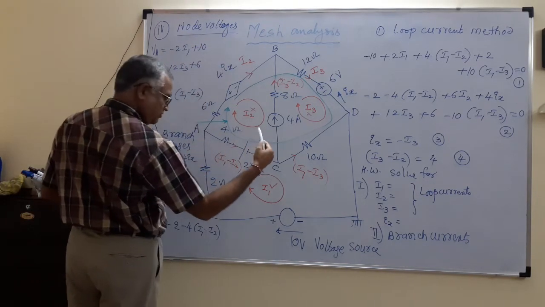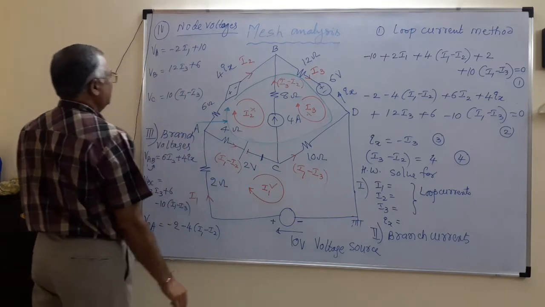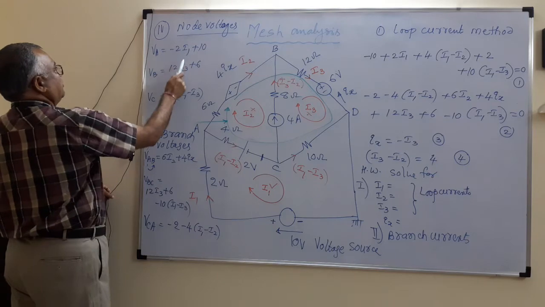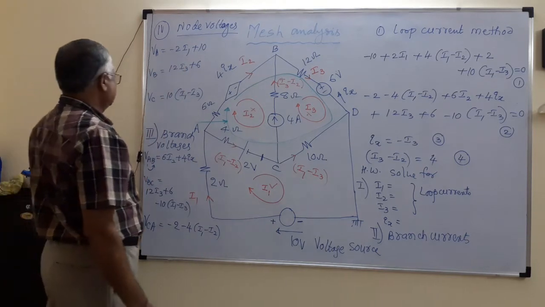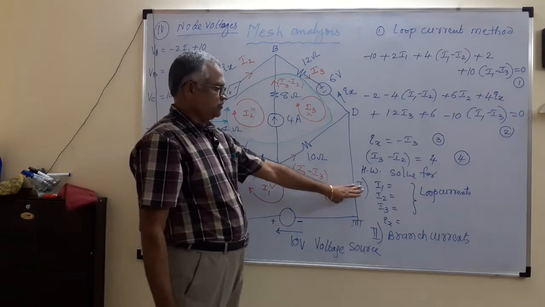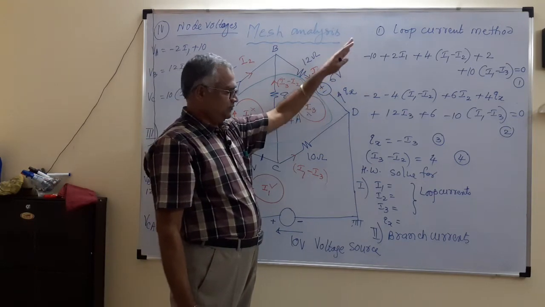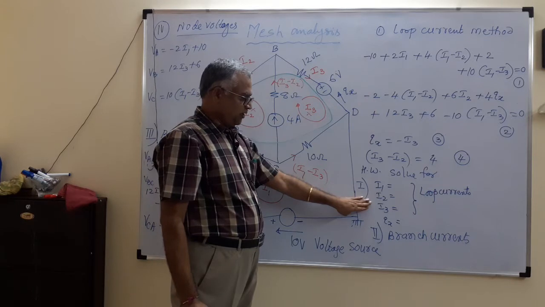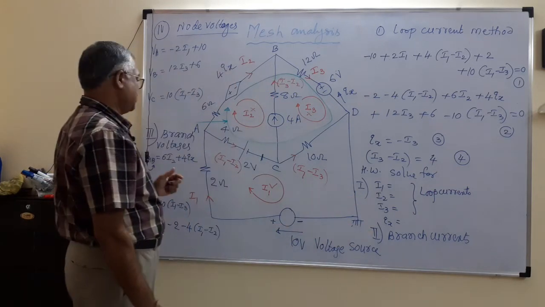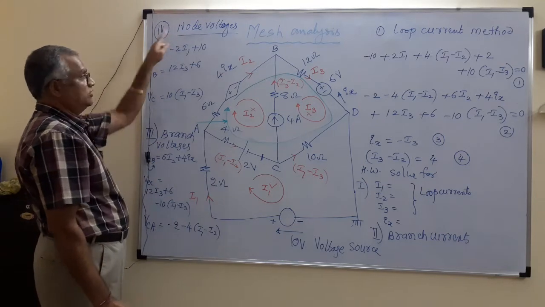They are defined by default with respect to ground, and we are finding these node voltages with the help of loop currents. So the fourth step is also from the first. All steps are from the first only. After solving these four equations and finding loop currents, depending on our requirement, you can find branch currents, branch voltages, node voltages.